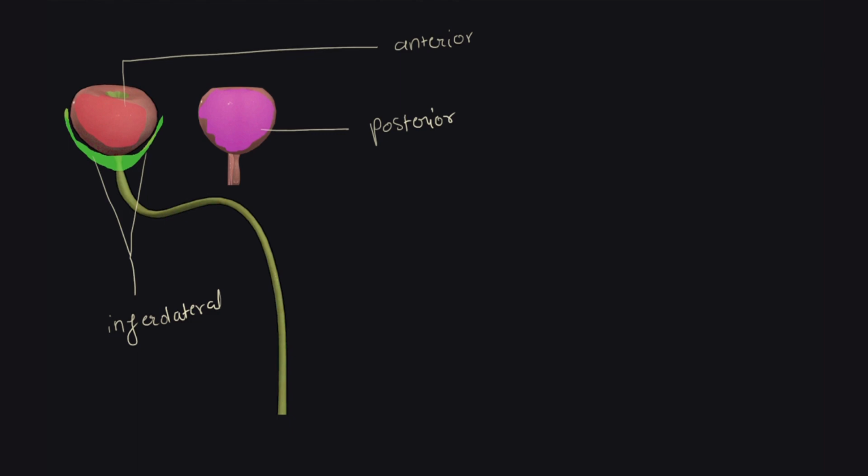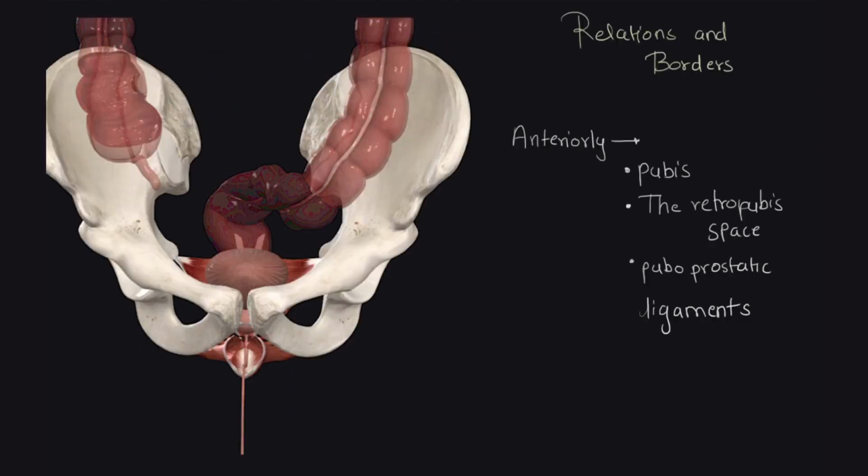Anteriorly, the prostate is in relation with the pubic bone, the retropubic space, and the puboprostatic ligaments. I'm just going to give you a quick overview. This is the pubic bone, so we can say the pubic symphysis is in the anterior relation.